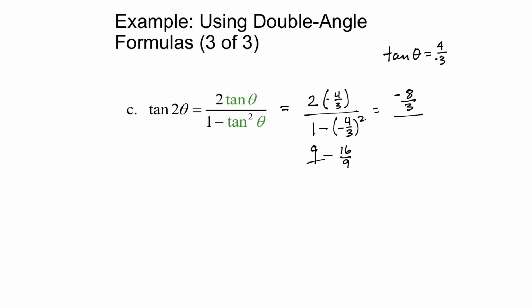And getting a common denominator, 9/9 for my 1. 9 minus 16 is negative 7/9. Multiplying the top by the reciprocal of the bottom, we'll take negative 8/3, change this to a multiplication, and flip that second fraction. 3 can go into 9, so that simplifies, but 3 doesn't go into 7. So we're left with negative 24/7 for my tangent of 2 theta.